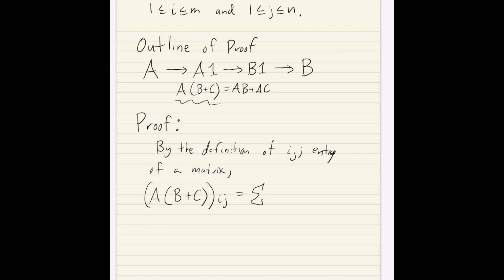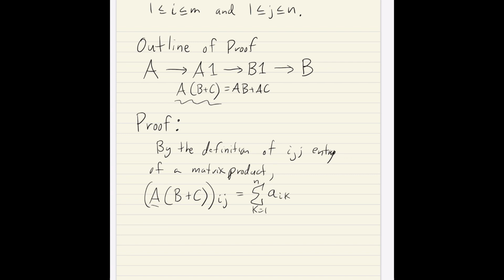That is equal to, if we sum it over all the k's from 1 to n, whatever the size of our matrix is, I'm just going to turn A into its IJ form. In this case, since it's not IJ, it's IK.